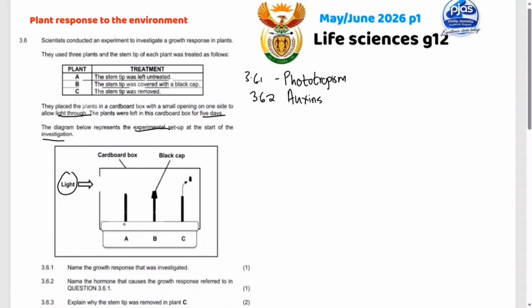So stem A, after a few days, is going to have the bending. Then B, we have the auxins, but we have the black cap. We were told the stem tip was covered with the black cap, meaning there is no light here, so it will just grow with equal distribution. It will just grow tall.